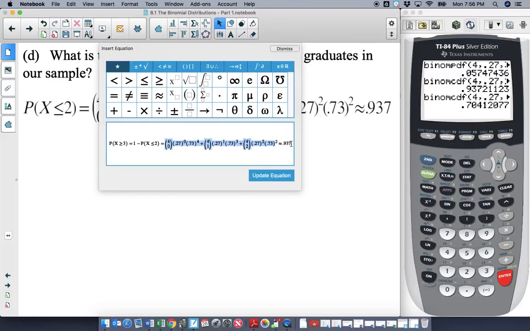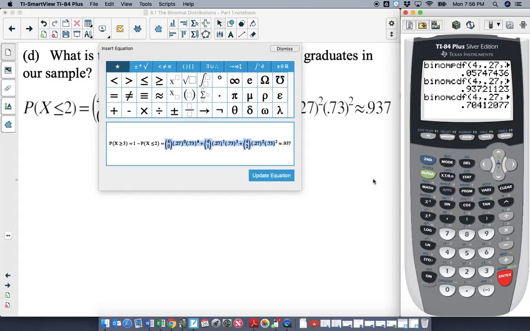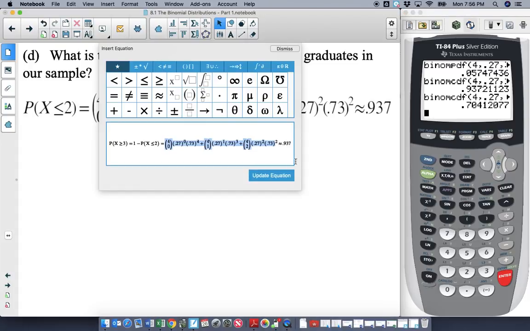Yeah, part B. Okay, equation editor, catch up with me. If I go to the calculator and then come back. Nope, it's just really mad at me. Shoot.